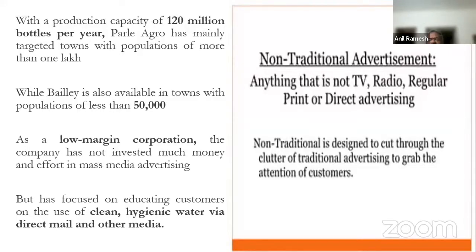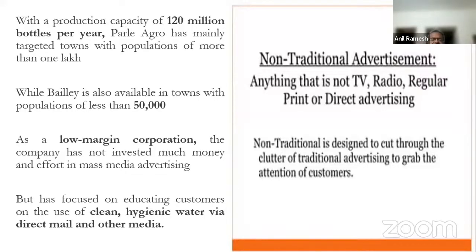They never did anything on TV or radio. They went in for non-traditional places and concentrated more on franchises. As a low-margin corporation, the company did not invest much money in mass advertising, but concentrated on franchisees, building direct relationships, and educating customers on the use of clean, hygienic water.